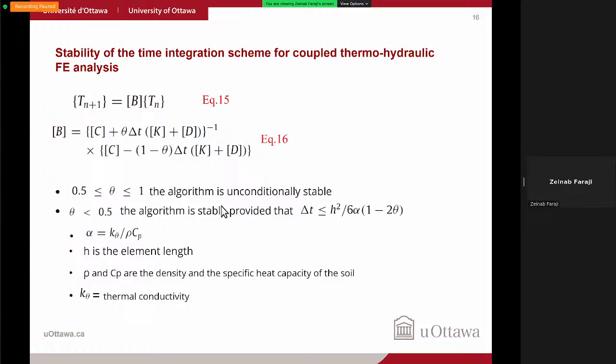The components are presented here: lambda is the thermal conductivity, rho and Cp are the density and the specific heat capacity of the soil, h is the element length, and for alpha in this case, to reach theta less than 0.5, we can calculate that with this equation.